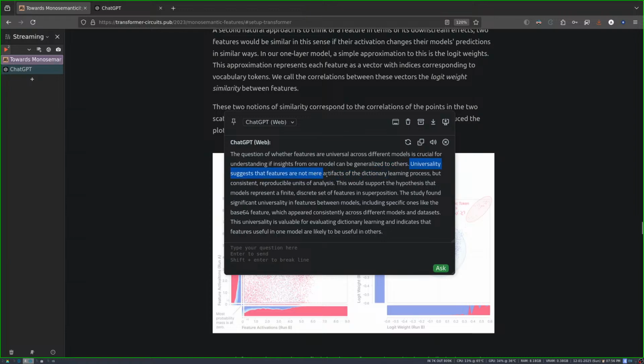Universality suggests that features are not merely artifacts of the dictionary learning process, but consistent, reproducible units of analysis. This would support the hypothesis that models have a finite discrete set of features in superposition. The study found significant universality. Okay, cool.